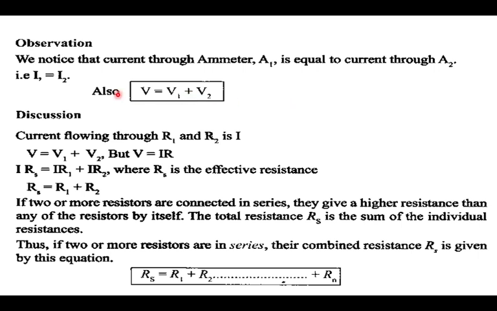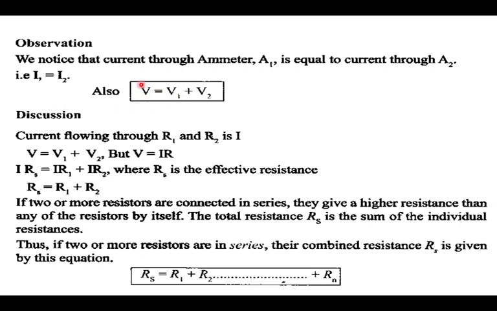And also notice that the total voltage in a series circuit is just equal to the sum of the voltages dropped at each resistor. So the voltage dropped at R1 plus the voltage dropped at R2 gives us the total voltage.